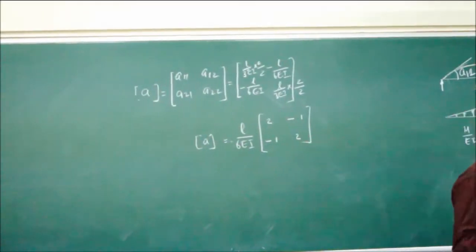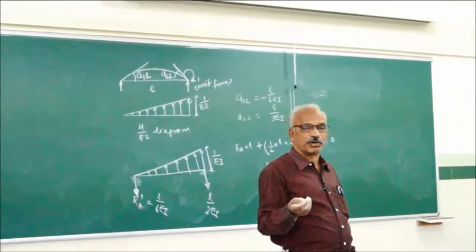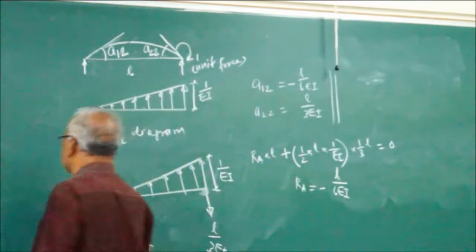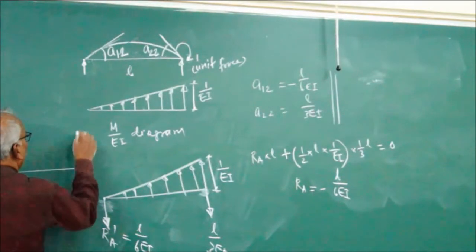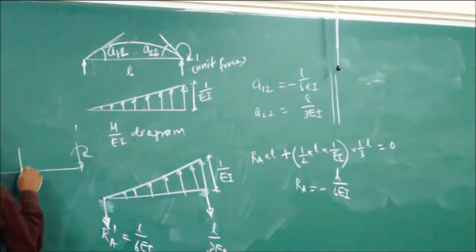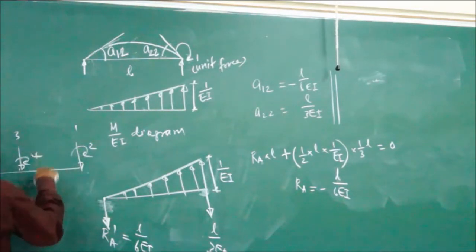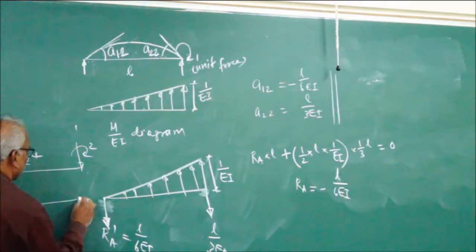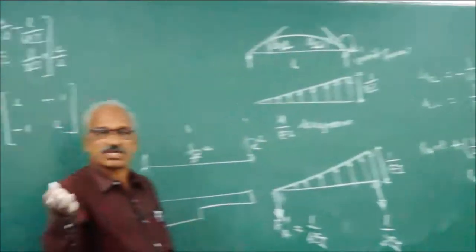Similarly, we have determinate portal frames, etc., for which there are a number of examples, say a frame given with four coordinates 1, 2, 3, 4, and similarly a rectangular frame with a varying cross-section. Several problems are available in the book.